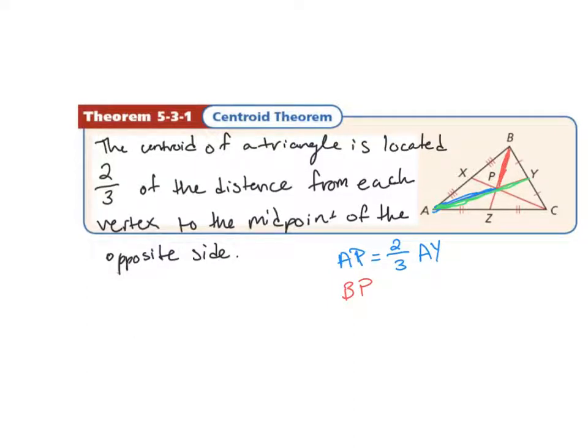We know BP is going to be two-thirds of that full BZ. And then the last one, we have CP. So that means CP is going to be two-thirds of the whole distance of CX.